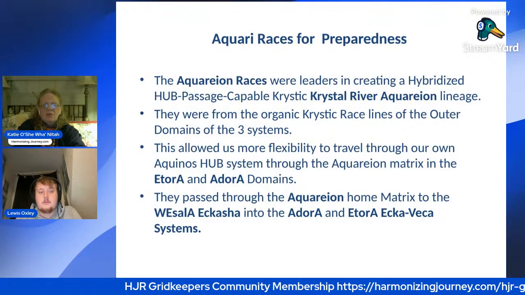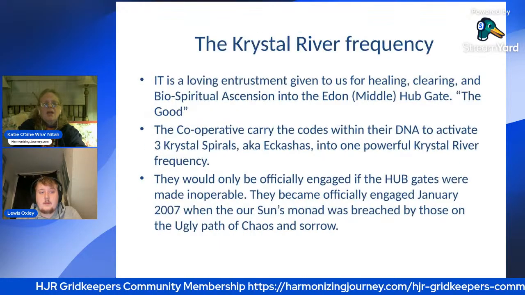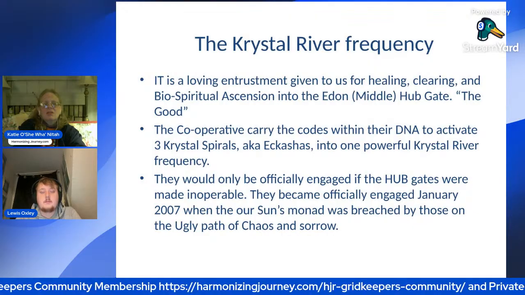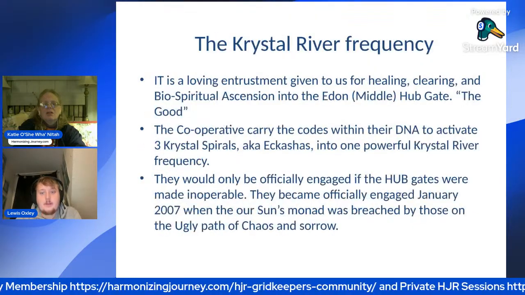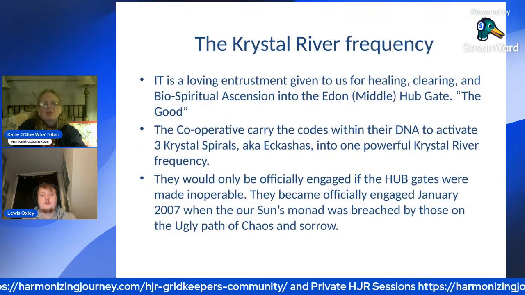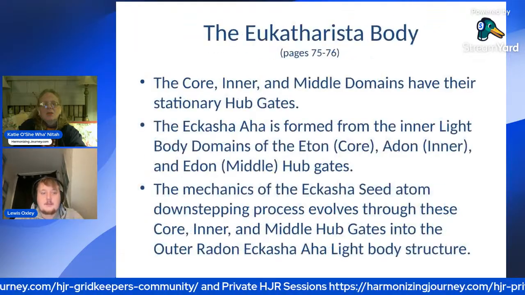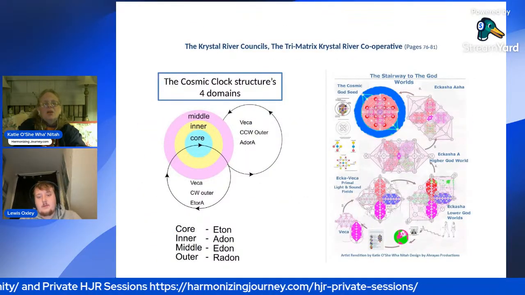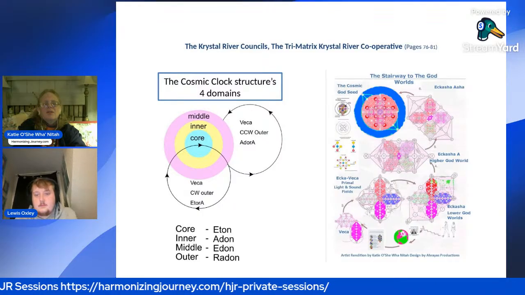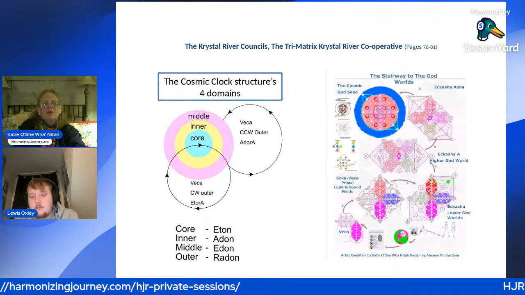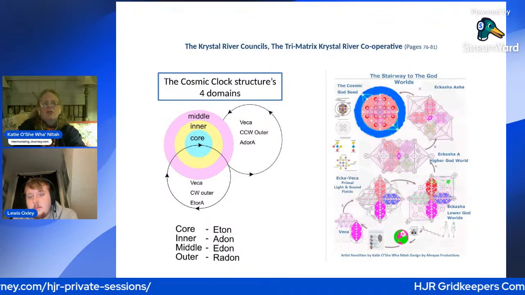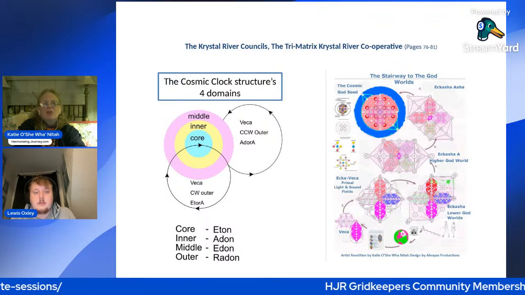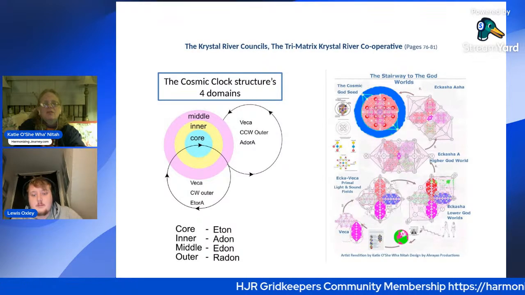And I'm just going to go back again. So again, we are in the Itori system, Veka system, clockwise outer of the outer radon. We have our Adori counterclockwise Veka system.